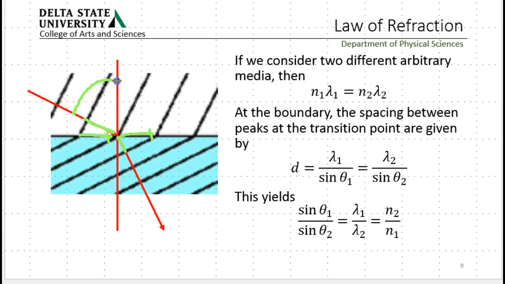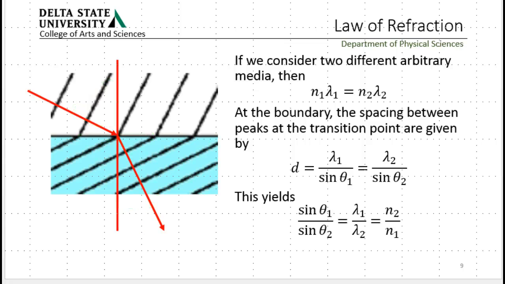Remember, theta 1 is this angle, right? And that length, if you look at it from the other side, is lambda 2 over sine theta 2. Again, theta 2 is that angle. So this yields sine theta 1 over sine theta 2 is lambda 1 over lambda 2, which is n2 over n1, right?